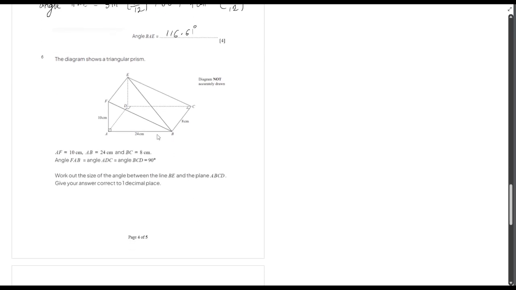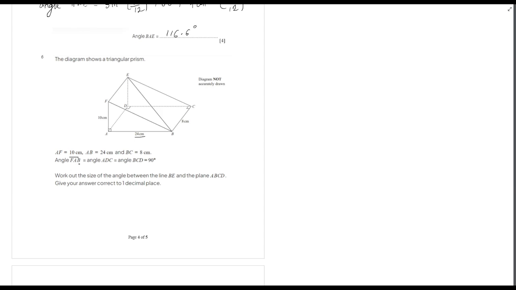Now question number 6. AF is given 10 centimeters, AB is given 24 centimeters, BC is given 8 centimeters.